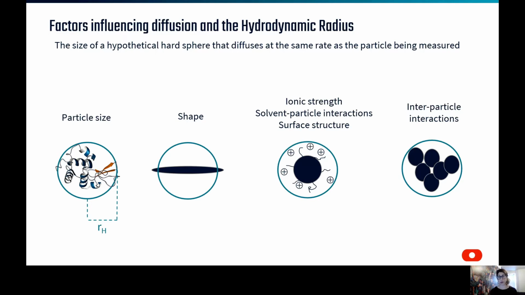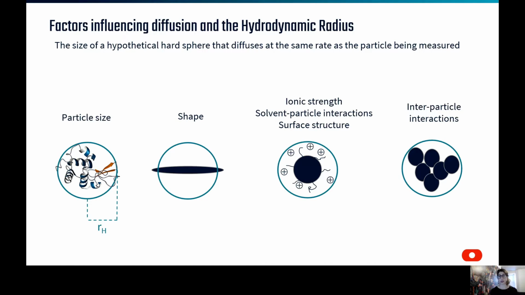As a protein structure changes as it unfolds, the hydrodynamic radius will increase with increasing surface area of that molecule. However, for any non-spherical particles, DLS outputs the radius of a sphere having the same average diffusion coefficient as the measured particle. Changes to the surface of the particle are also going to affect the apparent radius. So if there are any additional polymer linkers, that will reduce the diffusion speed of the particle and increase the radius.